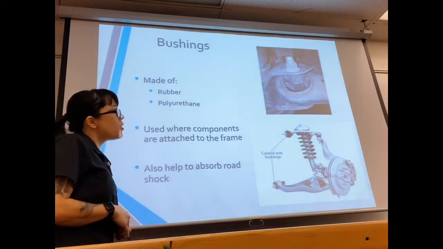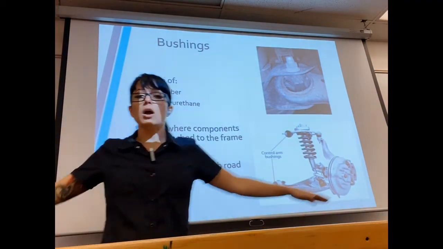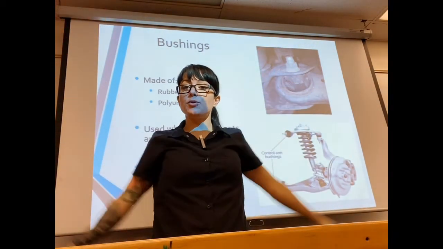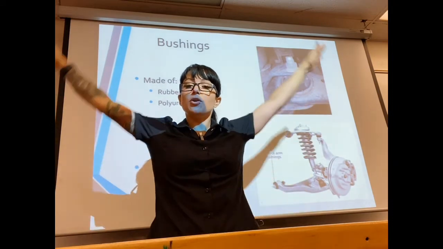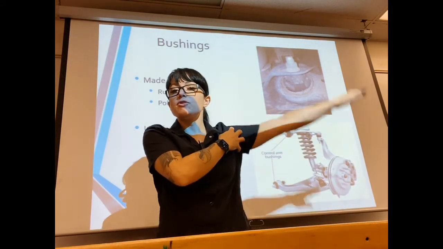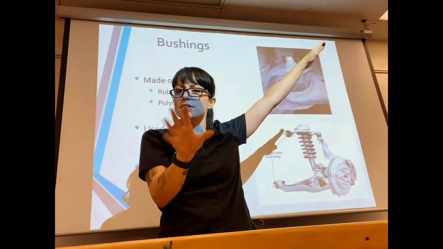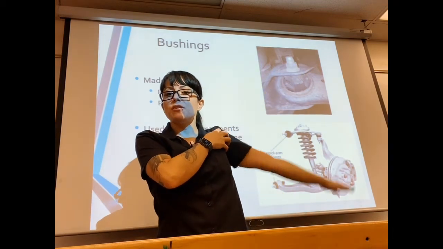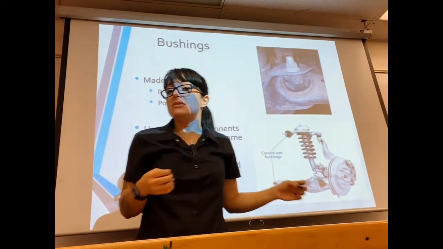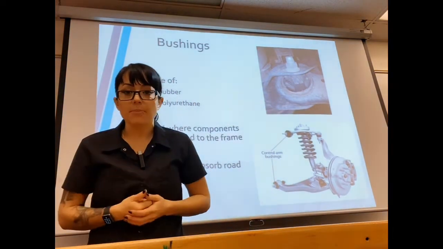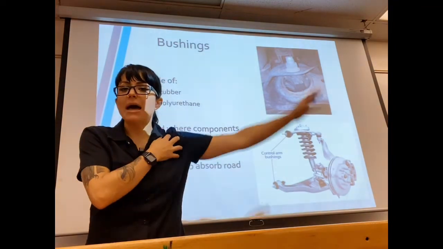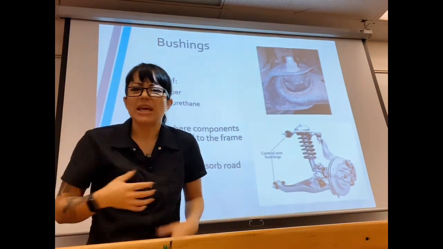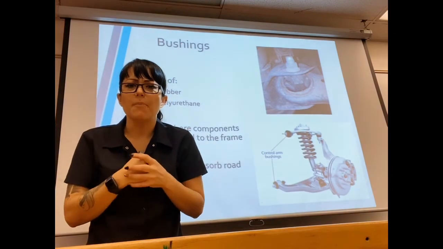One of the later components: those control arms need to be able to move up and down, right, with your wheel travel. Well, those swivel, or I don't want to use swivel because that's a ball joint, that action of moving up and down is allowed by another type of joint, but we don't want metal on metal contact. Just like with any of your joints, you don't want bone on bone contact, right?